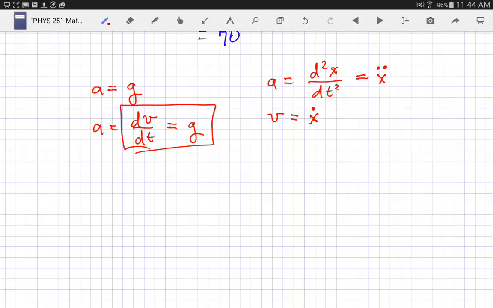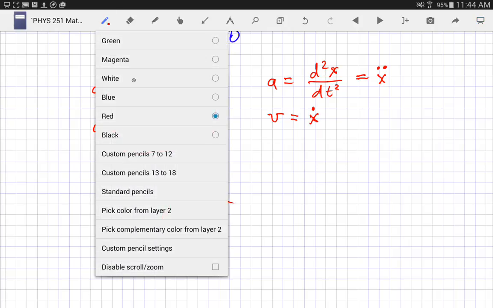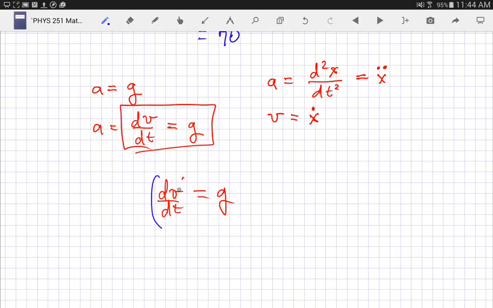So I just take this and I say, well, if I want to get my d's on opposite sides of the equal sign and in numerator positions, I clearly am going to have to multiply both sides by dt. So I will just multiply both sides by dt. I'll change colors for the multiplication so we can see that's multiplied by dt. That's multiplied by dt.